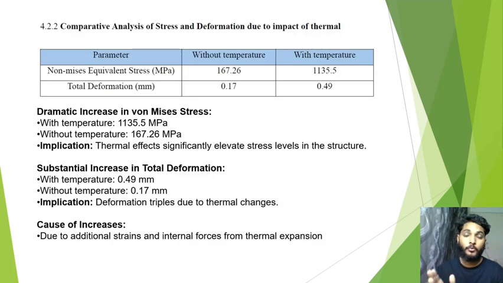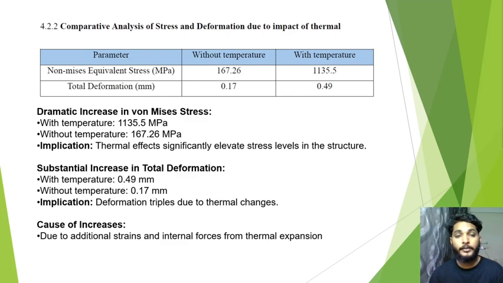Next is the comparative analysis of stress and deformation due to the impact of thermal effect, with and without temperature. The stress dramatically increases. With temperature it is 1135.5 MPa; without, it is 167.26 MPa.